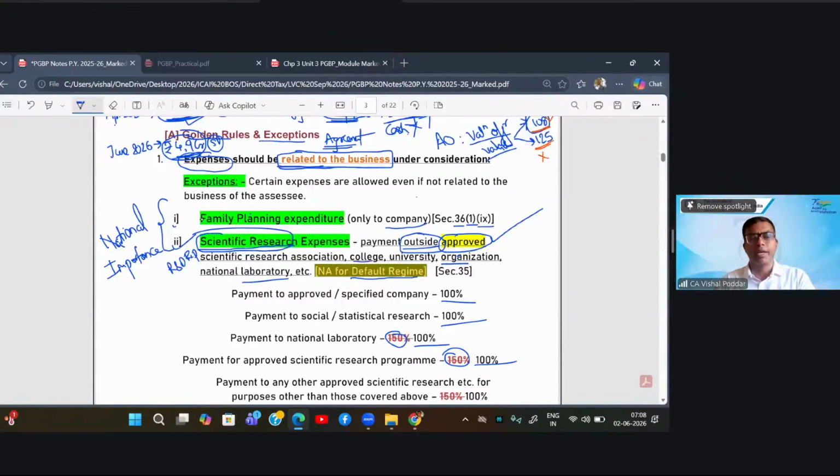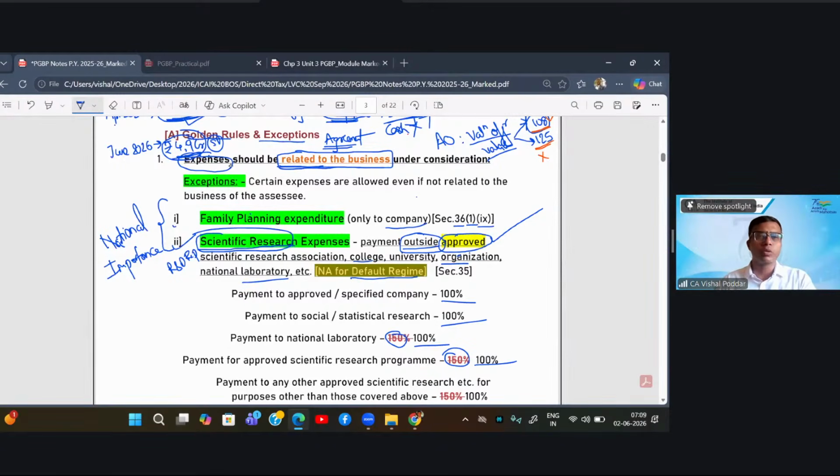Direct or maybe indirect, but it should have a proper linkage with your business. In short, personal expenses or expenses which are not part of business or expenses which are related to some other head, all these will not come under PGBP because of this rule.